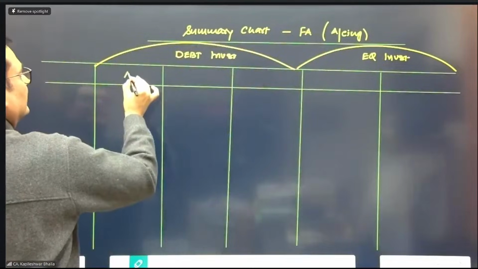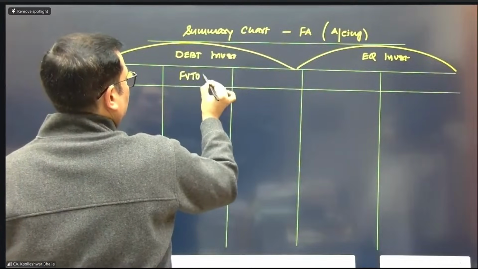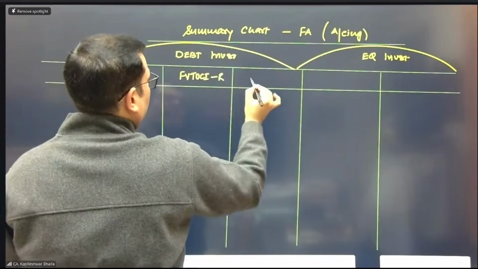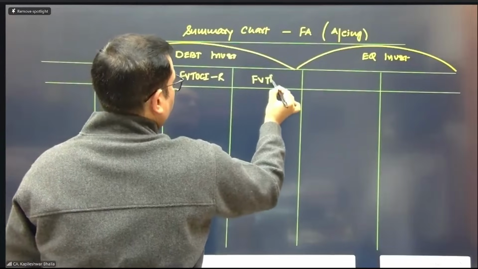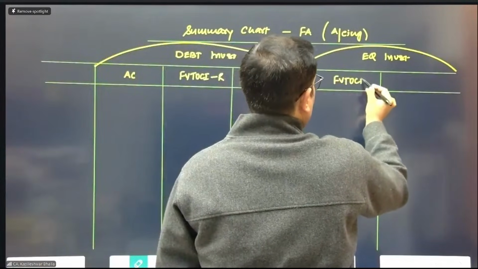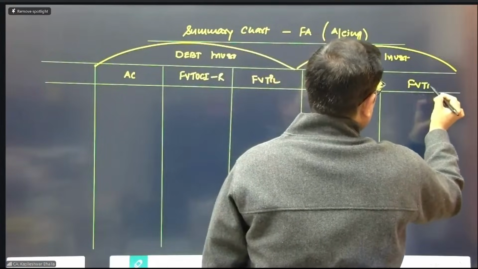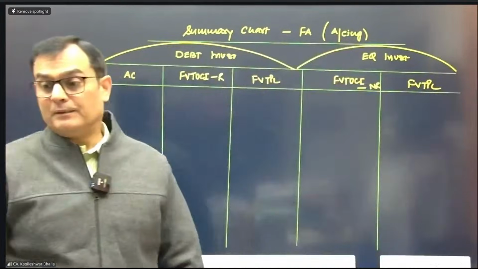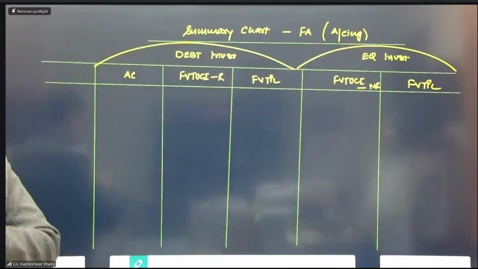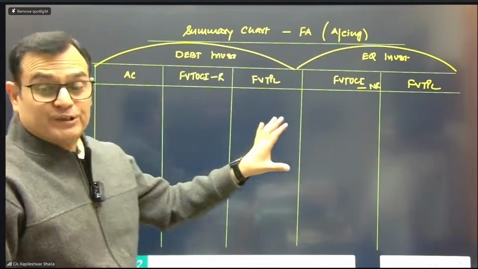So we've got AC, we've got FVTOCI, there is R, FVTPL, FVTOCI, there is NR, and there is FVTPL. Let me put some questions. You can answer them in between, and we're going to pen all the thoughts in a single chart.